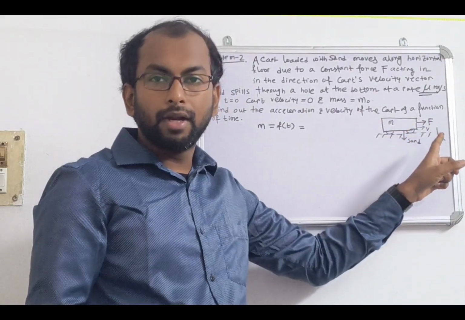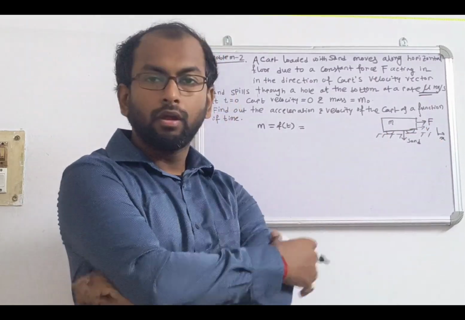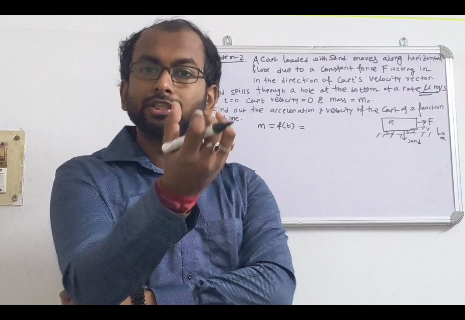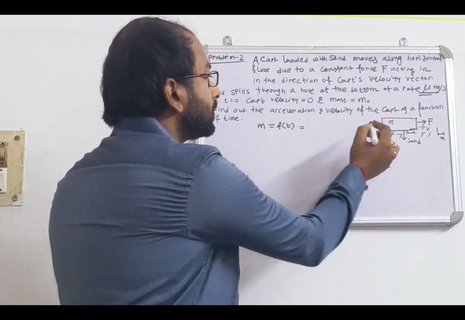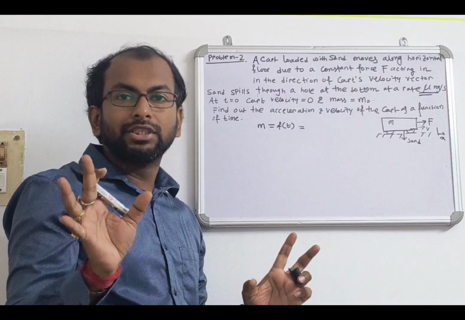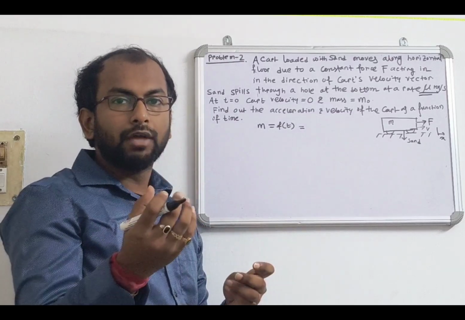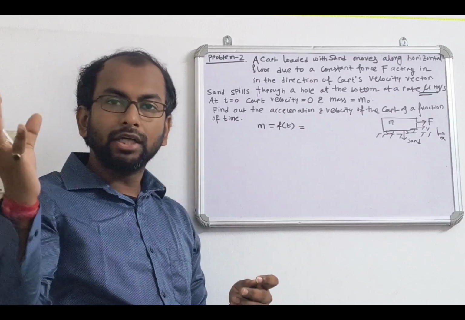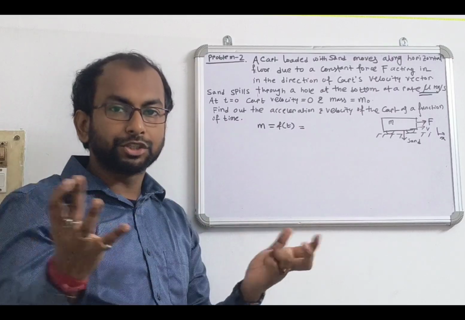Force is being applied in the right direction and the mass of the cart is not constant because the sand is continuously falling out. So see, at t equal to 0, the mass is m0. At any point of time the mass will be the initial mass minus the mass which has already left the system.